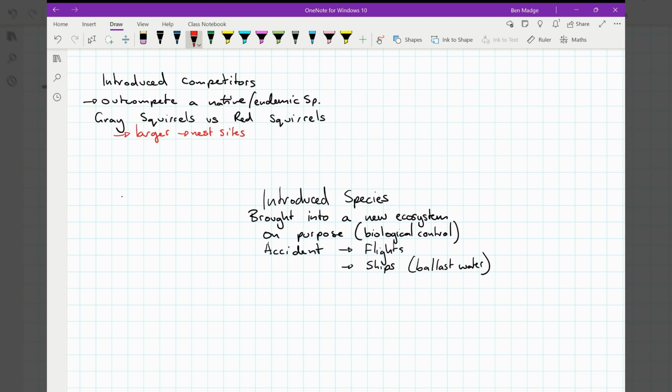The other thing that they can do is exploit more food sources. So they will predate nesting birds, for example, or they can eat acorns from oak trees that native species squirrels cannot. So they have a competitive advantage.